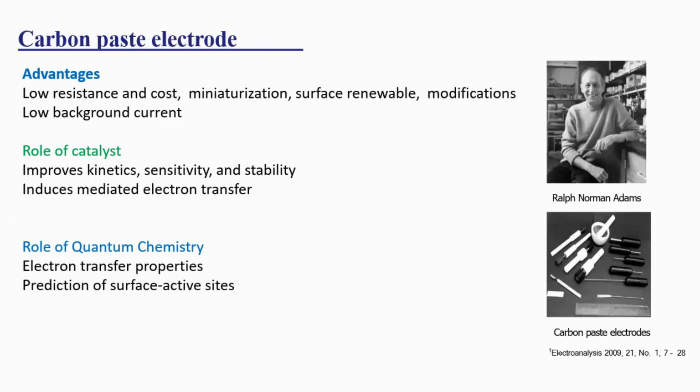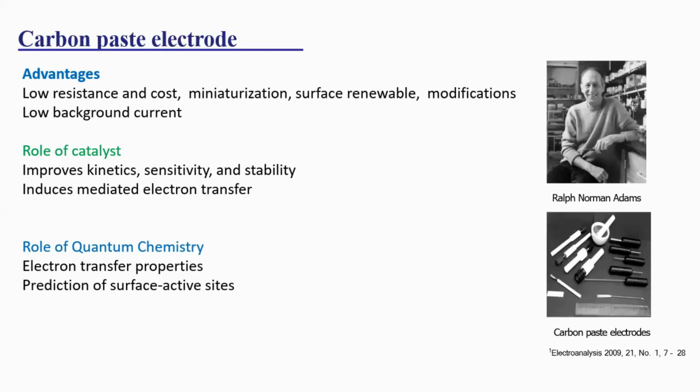So now comes the term quantum chemistry. How can we use quantum chemistry to understand the electron transfer process at the electrode? Because if we model the electrode interface, we can easily predict the electron transfer properties, in particular where oxidation or reduction of the electrode will occur.